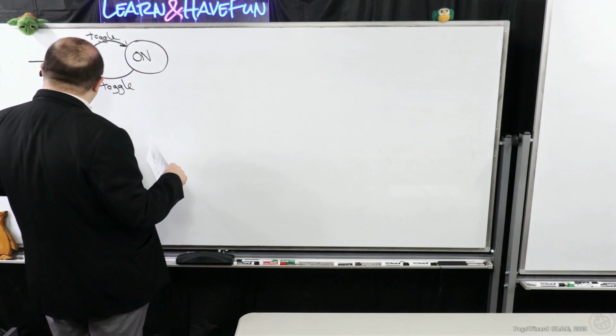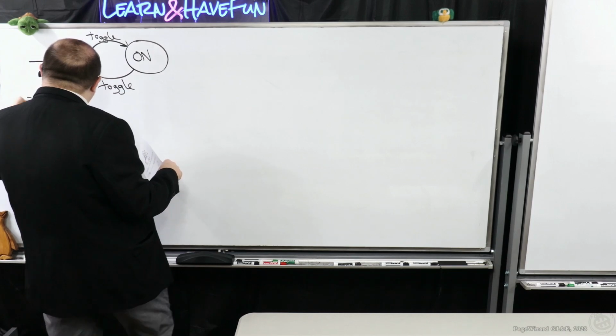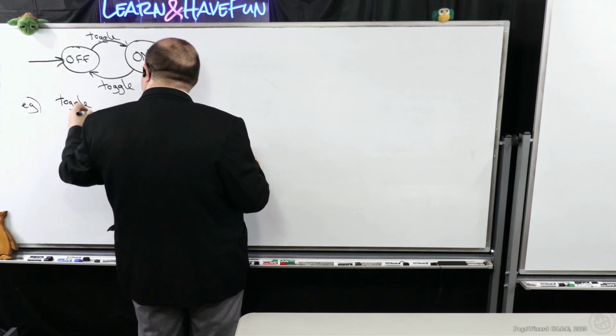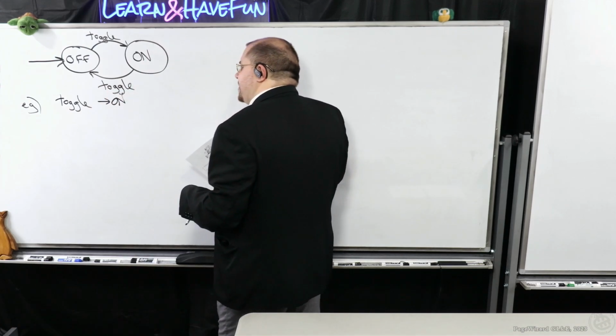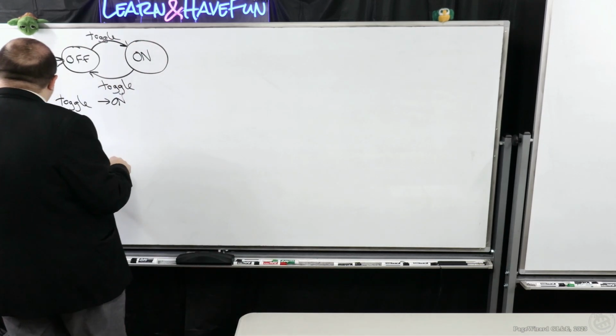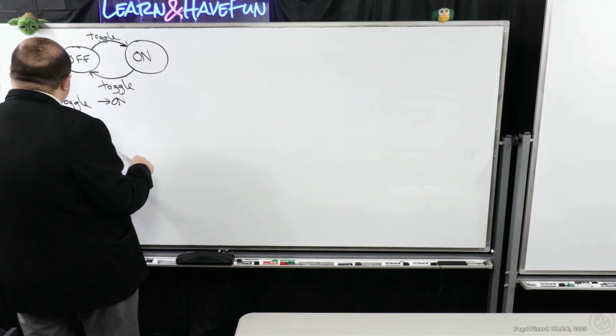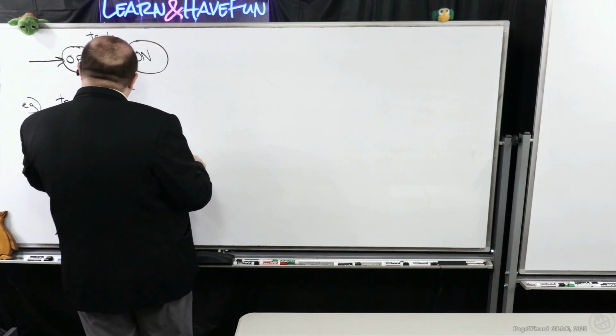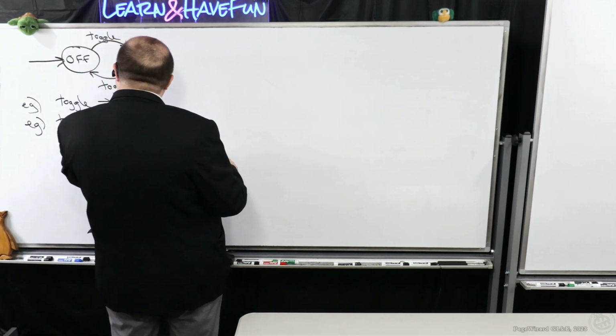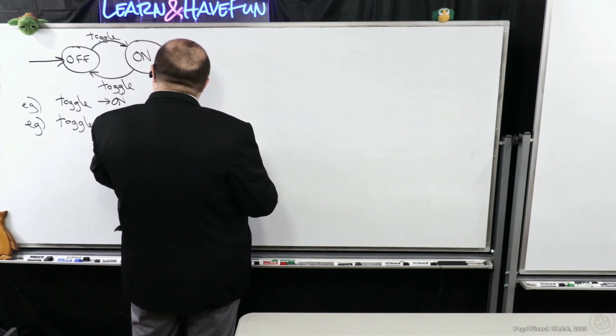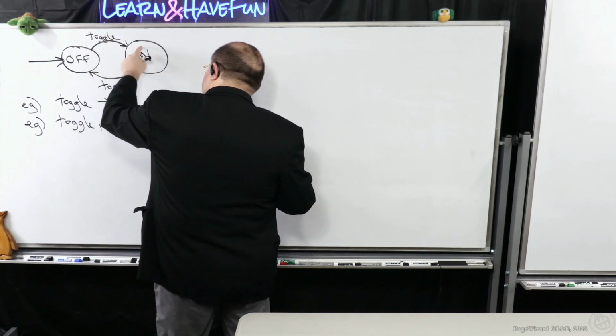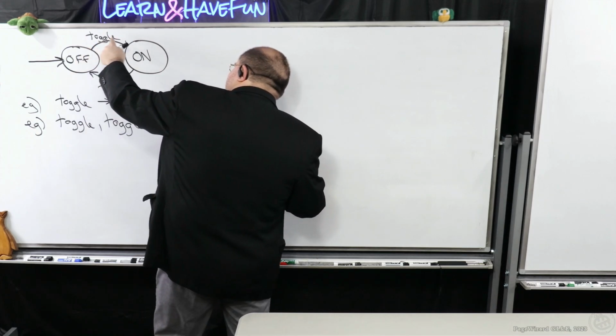Just as an example, if I do one toggle, it's in the on state, right? However, if I toggle, and then I toggle again, it goes into the off state, right? I just follow the arrow with my finger.